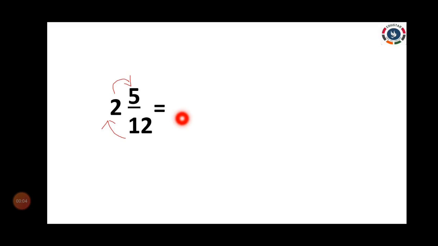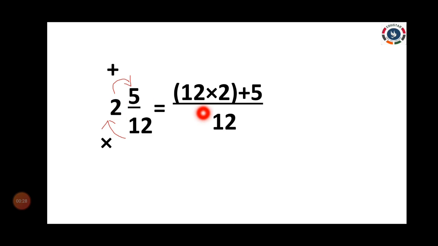One more example is given for you: 2 and 5 by 12. You multiply these two values, the denominator and the whole, first, and then add the 5. So write 12 into 2, then plus 5, divided by 12.